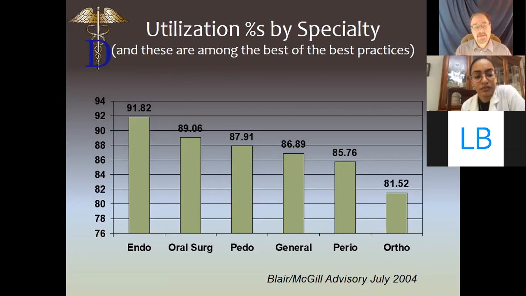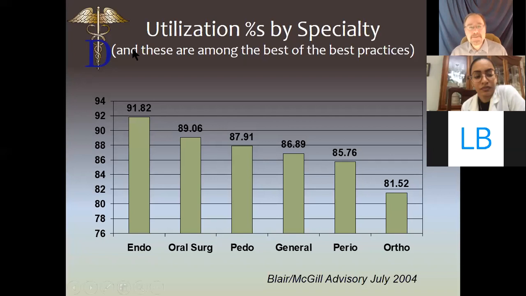The people who complete these surveys and subscribe to this newsletter are among the best of the best dentists in the United States. So these numbers are probably higher than most other practices, because they're watching and tracking their numbers, working with accountants, being more efficient.